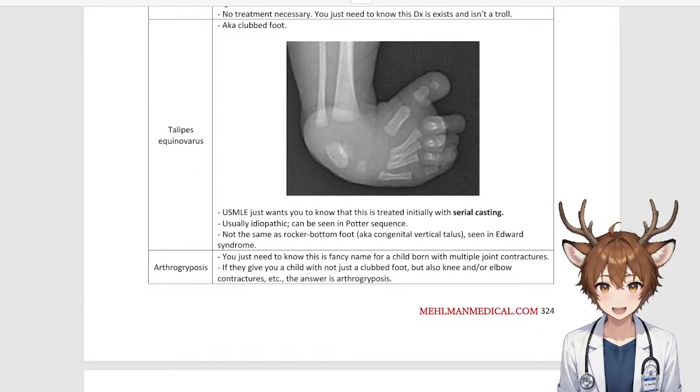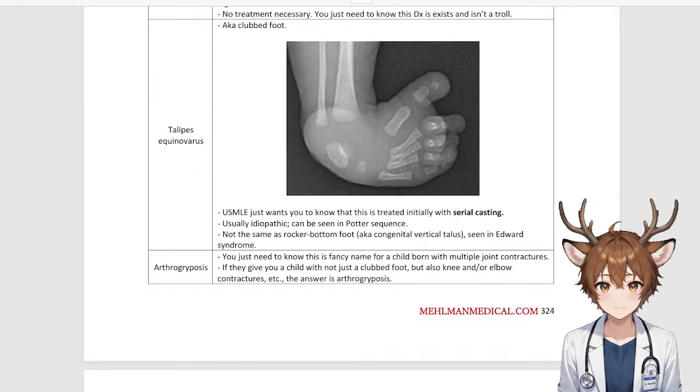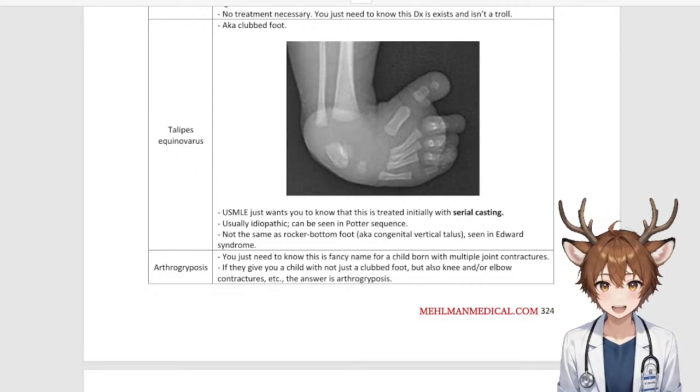So it's not the same as rocker bottom foot, which is different. But you treat it initially with serial casting.